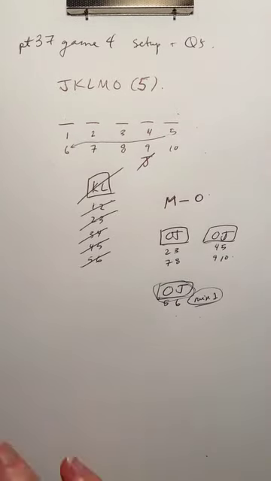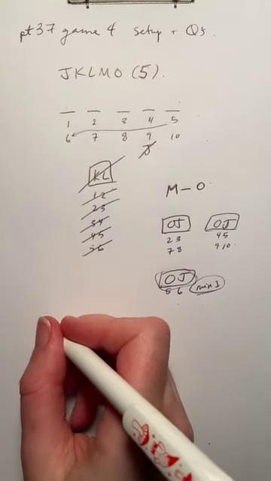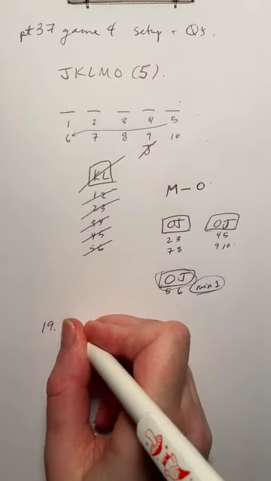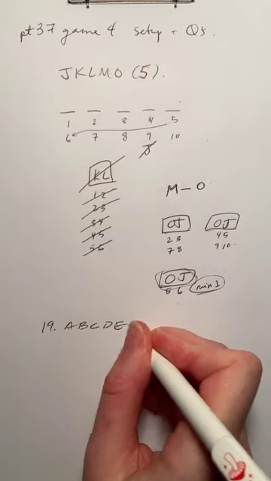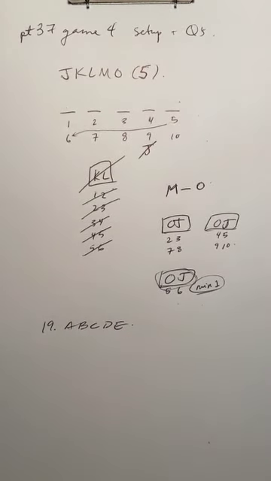Okay, let's do some questions as well. So 19. Which one of the following could be an accurate list of the swimmers of the first 5 laps in order from 1 through 5?